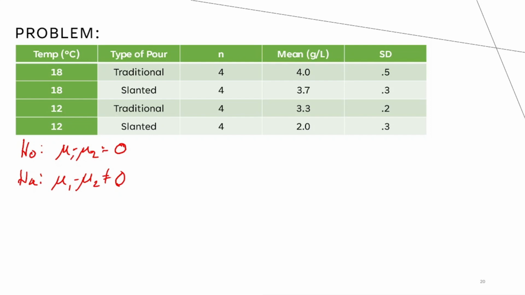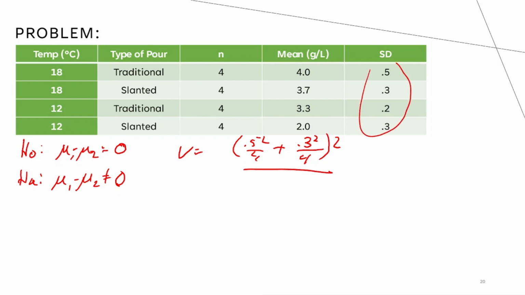Alright, because this is a t distribution, we need to figure out what v is. That is the ugly expression that I went through before, and then we have this right here. So that's just plugging in values: our standard deviations and our sample sizes.